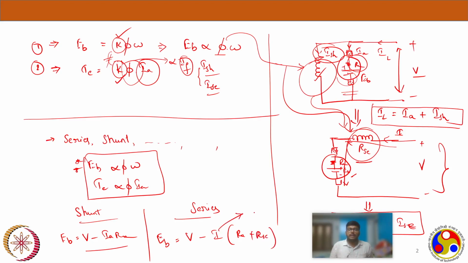This I is the same as IA, ISC or IL, whatever it is, it's the same. But here IA means only the current flowing through the armature winding. So these are the back EMF equations for series and shunt motors.